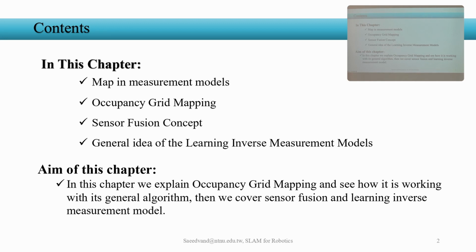And we will see the general idea of learning the inverse measurement model. We will first formulate what the inverse measurement model is. Then we will see how we can engage learning techniques and algorithms to construct the map.